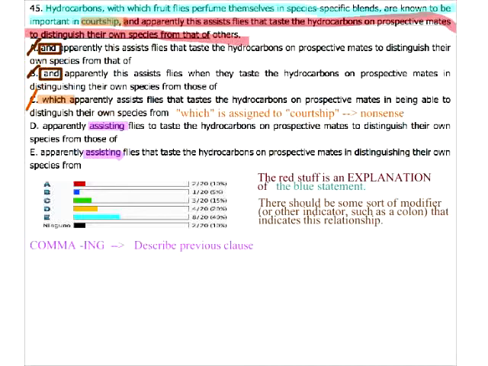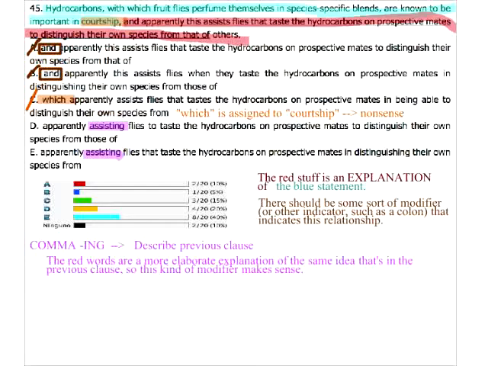The red words are a more elaborate explanation of the same idea that's in the previous clause. So this kind of modifier makes sense. And it's a good thing it does, because the other two kinds of modifiers make no sense.